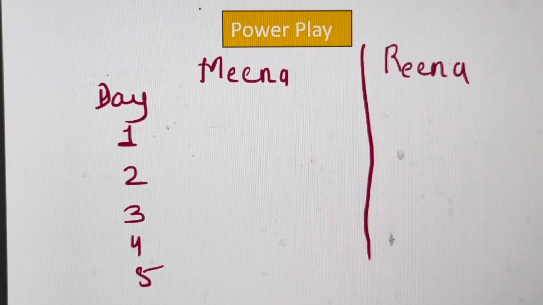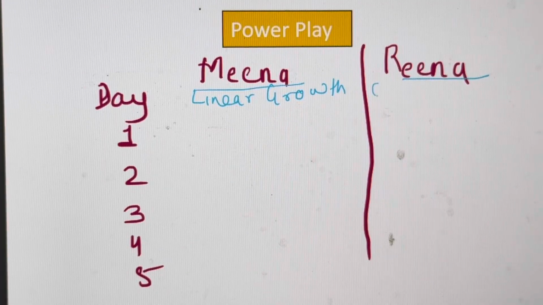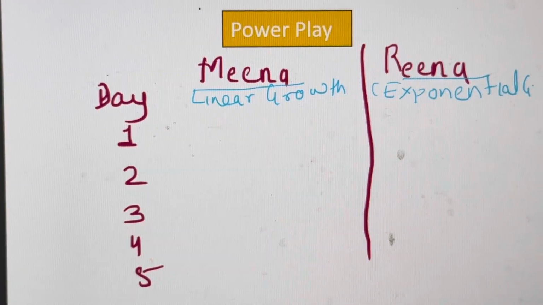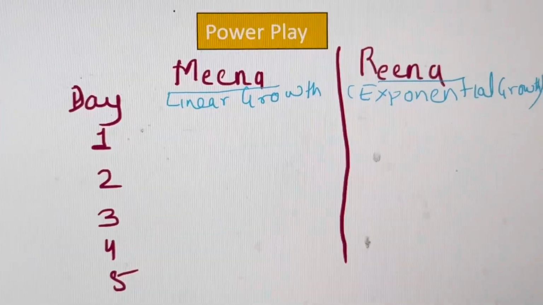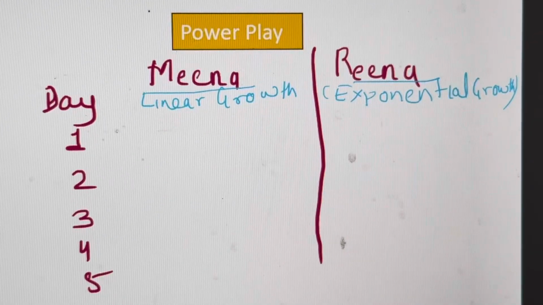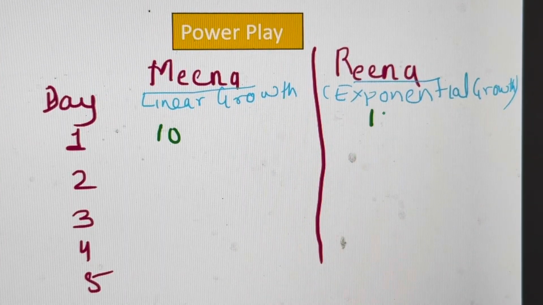Meena is depositing rupees 10 every day, linear growth. And Reena is depositing with an exponential growth. So after 5 days, let us see the difference between their savings in the piggy bank. First day both of them put 10 rupees.